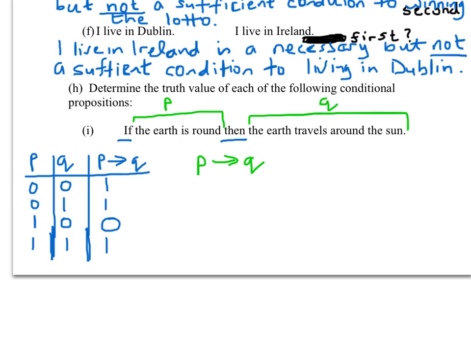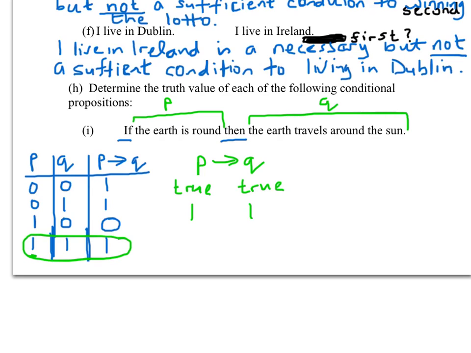That is a true proposition, or it has a truth value of 1. If you look at the earth travels around the sun, that's also a true proposition, or it has a truth value 1. So if we go to our truth table, we're interested in this line here.